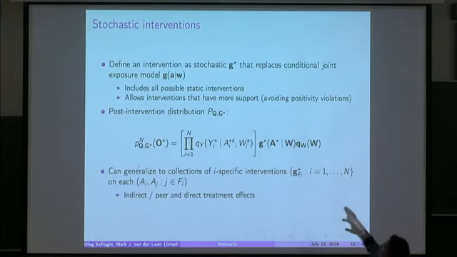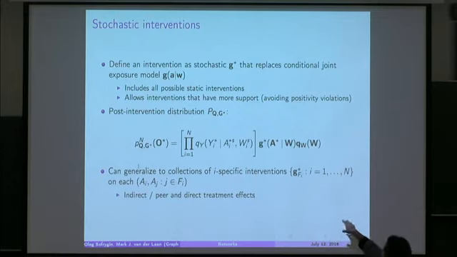We can also generalize this framework, but I won't get into that too much. We can define our stochastic intervention by a collection of i-specific interventions, G star Fi, where each G star Fi defines an intervention for the individual i and their friends.